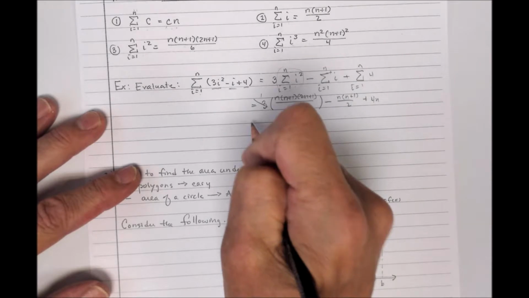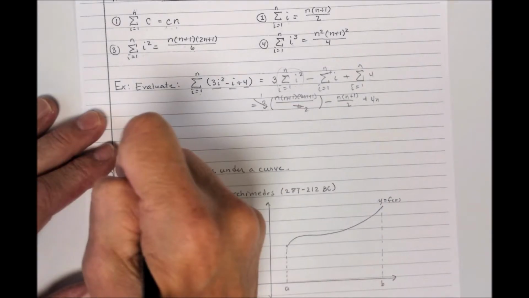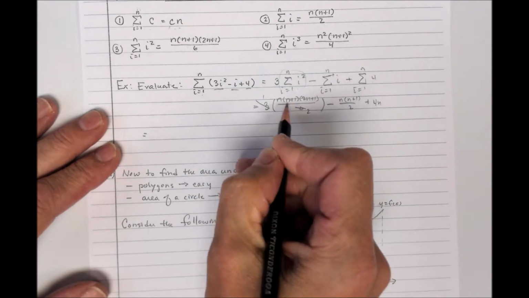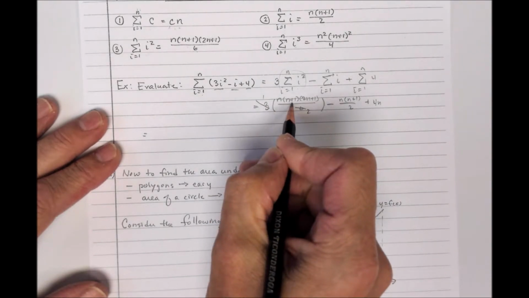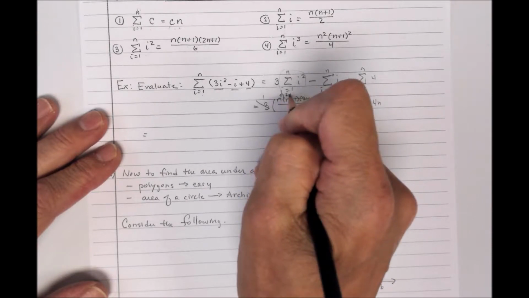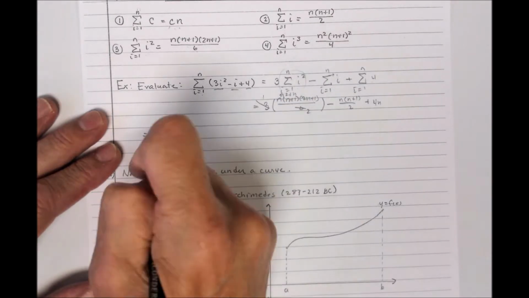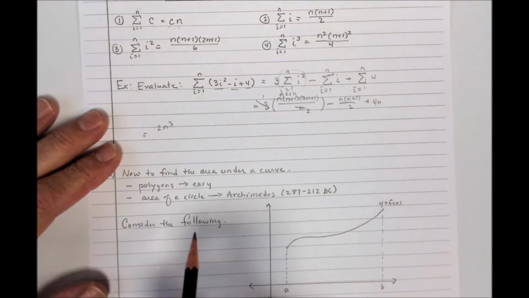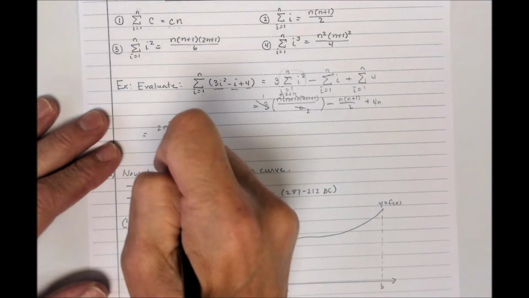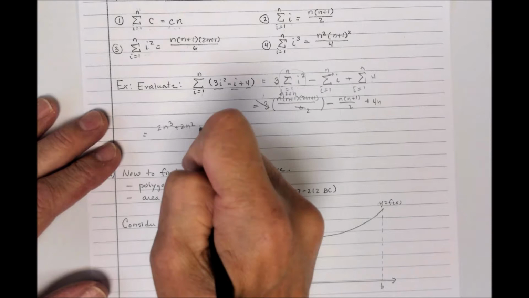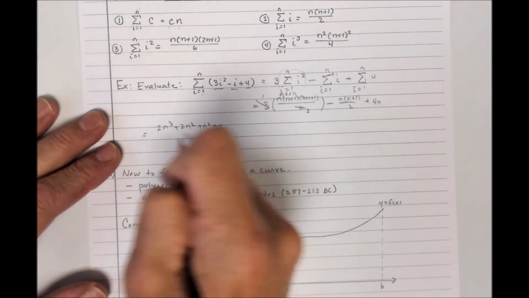Let's see what I can do with this here. Bring it way over here. This is equal to, try not to tip it too much here. Let's see, this is n squared plus n, times that would be 2n to the third, plus 2n squared, plus n squared plus n all over 2.